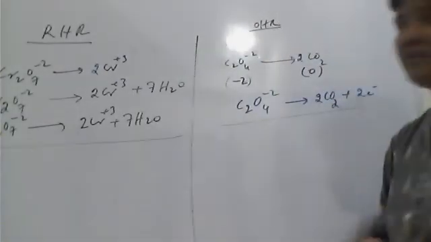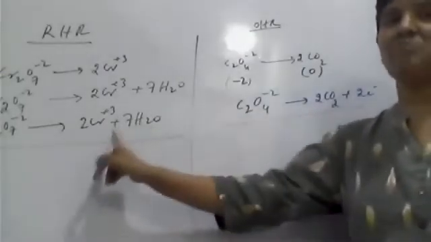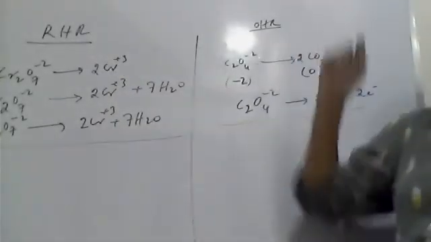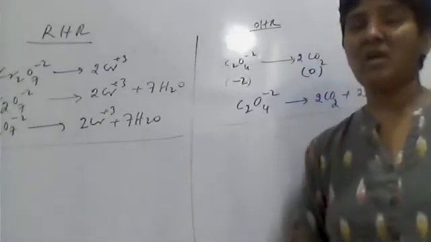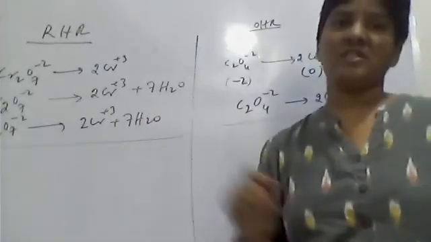Here, you have to make the electrons of both the reduction half reaction and the oxidation half reaction the same, because whatever is lost here is gained in the reduction half reaction.